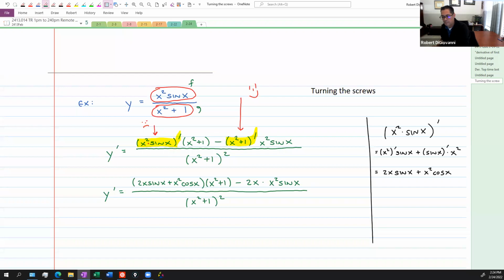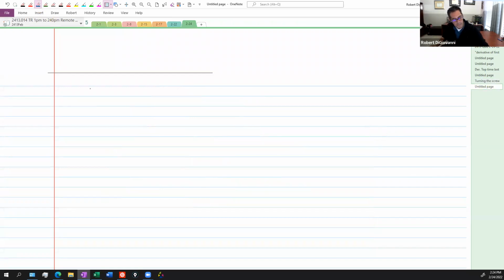Okay, how about this one? F of x equals x cubed over x squared plus 1. Find f double prime of x.